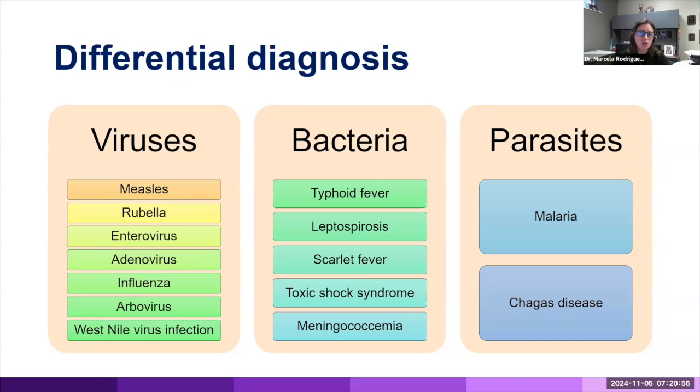There are some other ones that we can see also: typhoid fever, leptospirosis, scarlet fever, toxic shock syndrome, meningococcemia. These are bacterial infections that can show up like dengue infection too. And there are some other ones like malaria, which you see more commonly in Africa, and Chagas disease in some other areas, that can present like dengue.